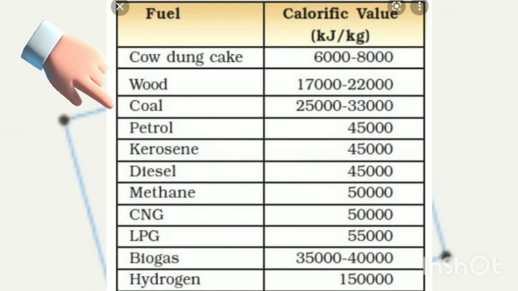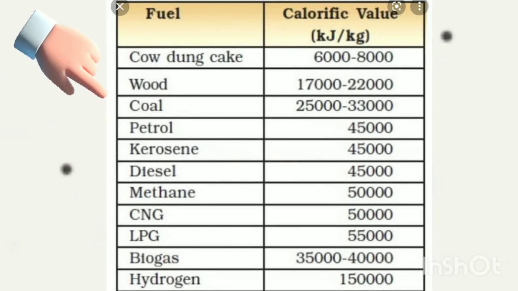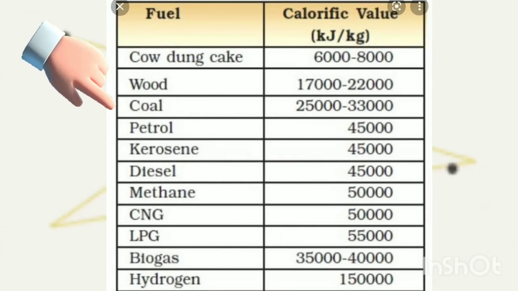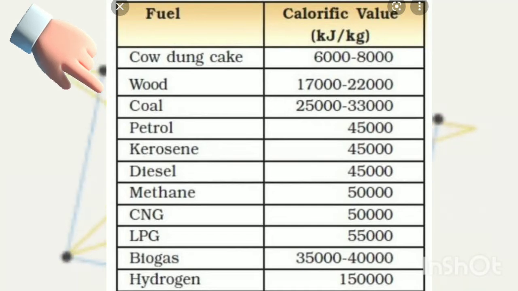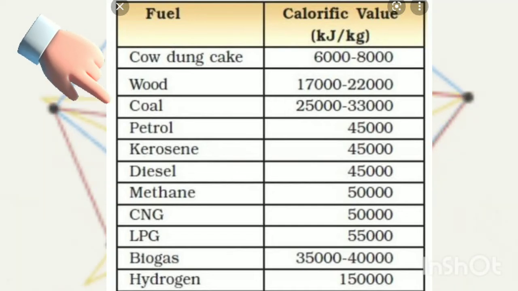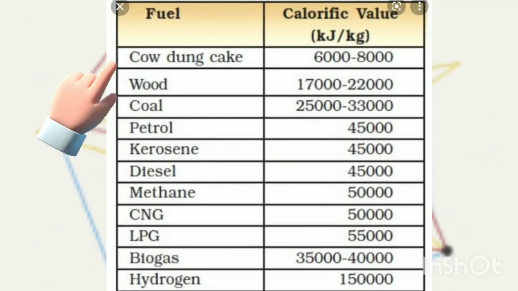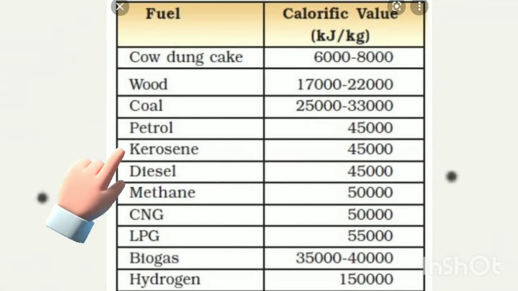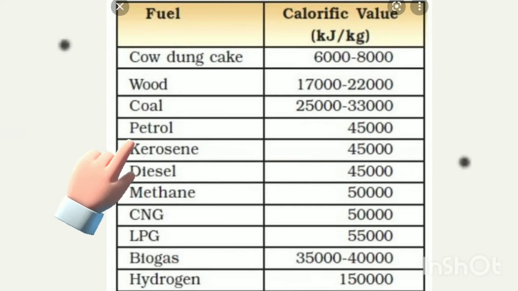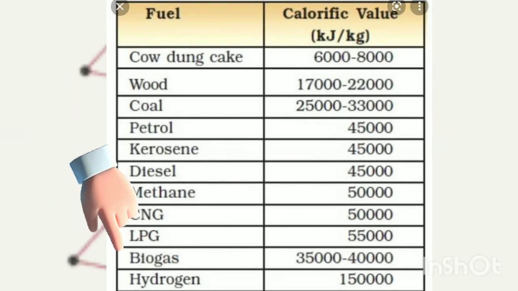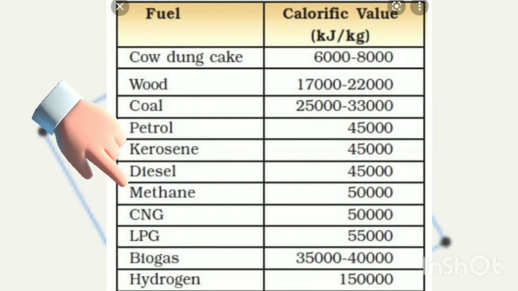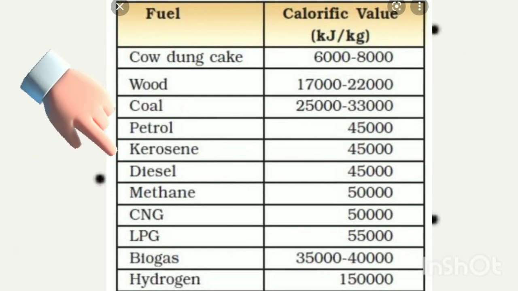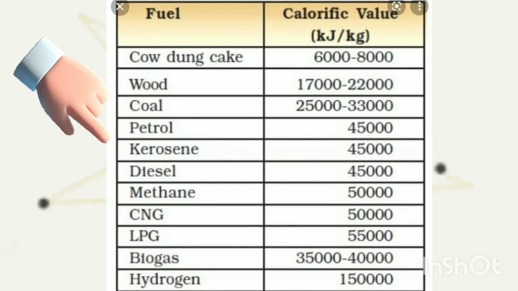Here there is a variation because the calorific value depends upon the type of coal we are using, whether it is anthracite coal, bituminous coal or lignite coal. Then cow dung cakes 7 kilojoules per gram, kerosene 48 kilojoules per gram, biogas 35 to 40 kilojoules per gram, methane 55 kilojoules per gram, diesel 45 kilojoules per gram.